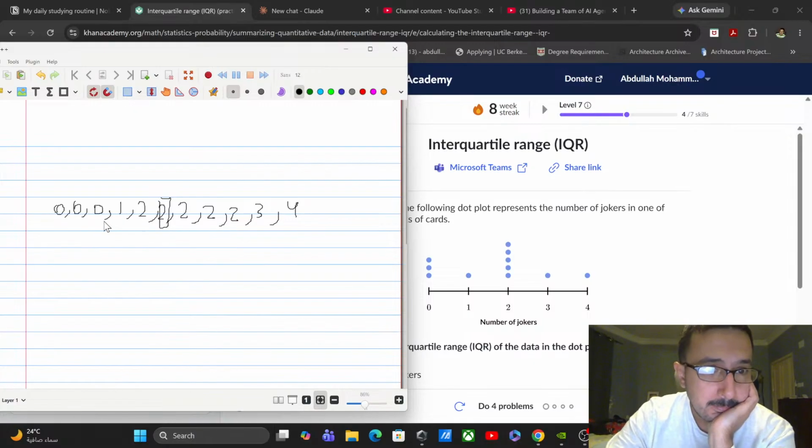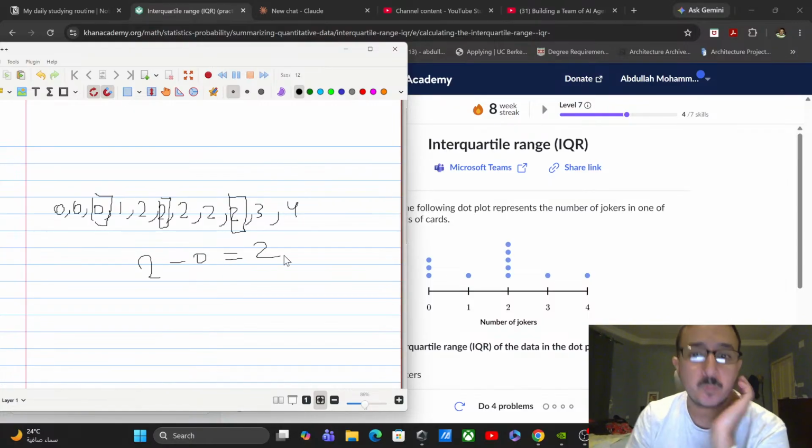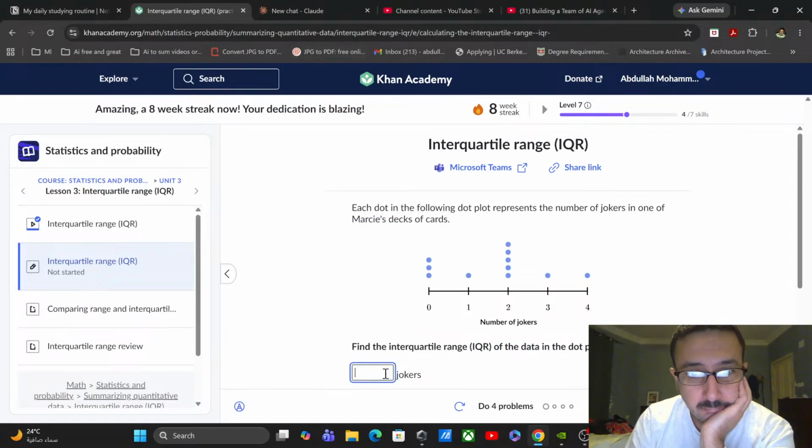So the middle here is 0, and the middle here is 2. 2 minus 0 equals 2.